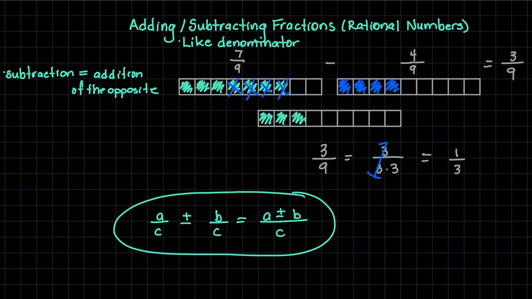There's not much more to it. When you're adding and subtracting fractions, as long as they are like terms, you either add the numerators because that's how many of those parts we have, or you subtract the numerators because the numerator tells us how many of the parts we have, and the denominator is telling us what the equal parts are.